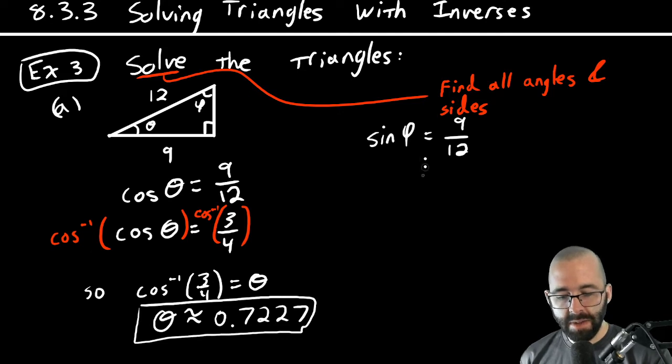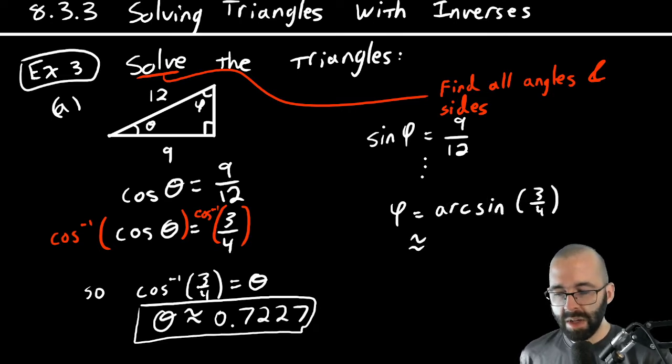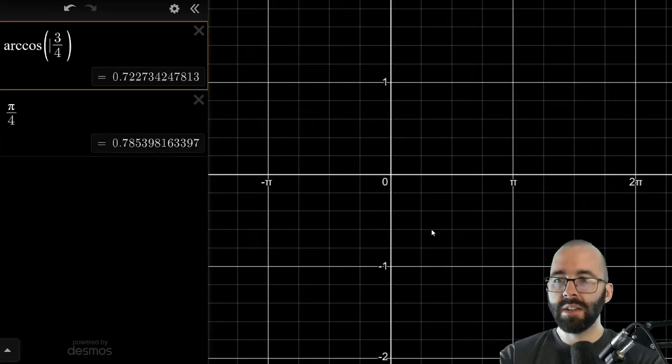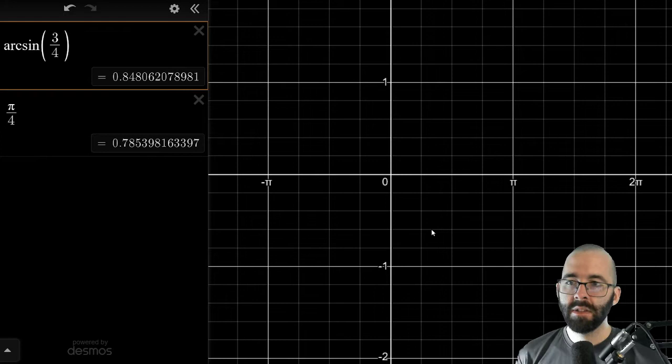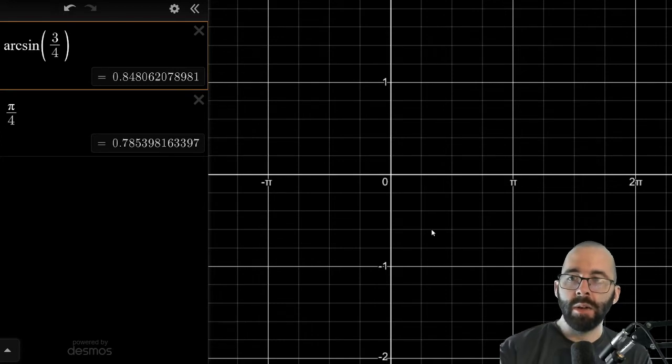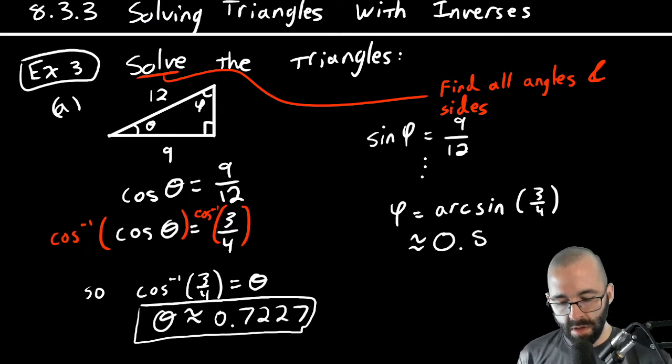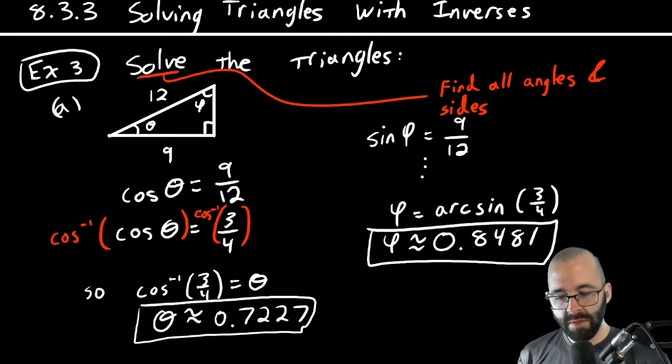So by exactly similar logic, phi is going to be the arcsine of 3/4, which we can approximate with the same calculator. Change arc sine from arc cosine, and we'll get 0.8481 as an approximation for phi.